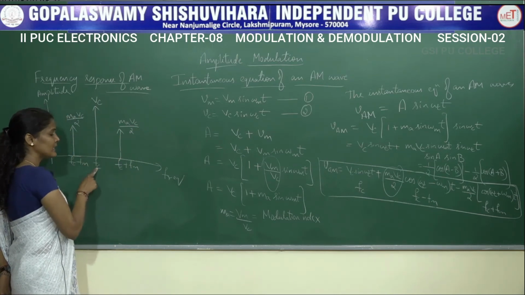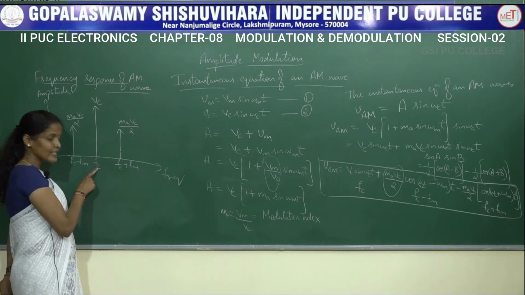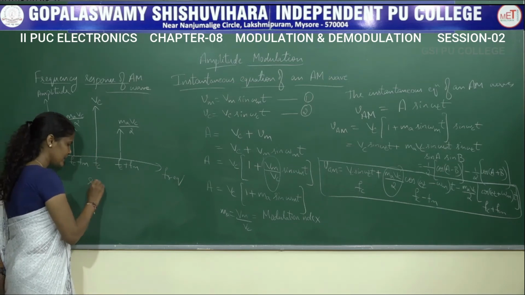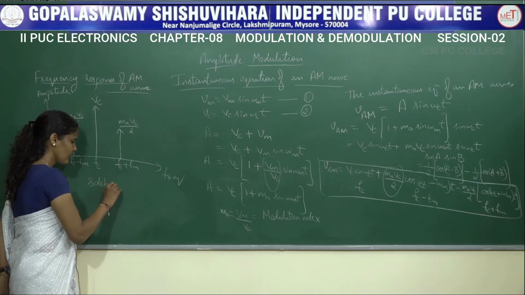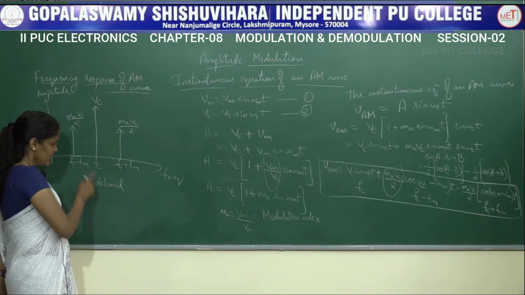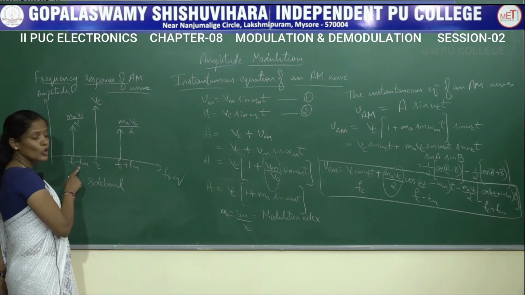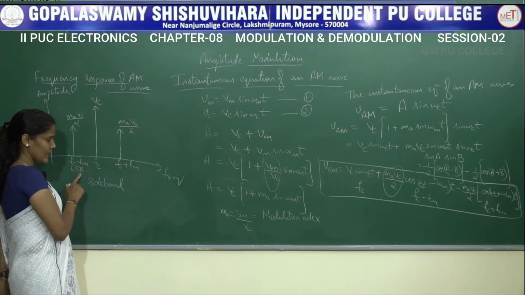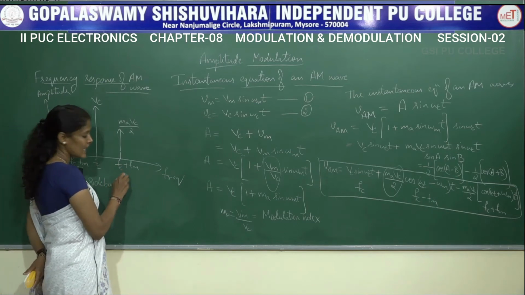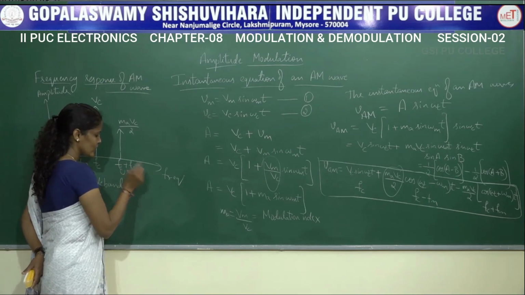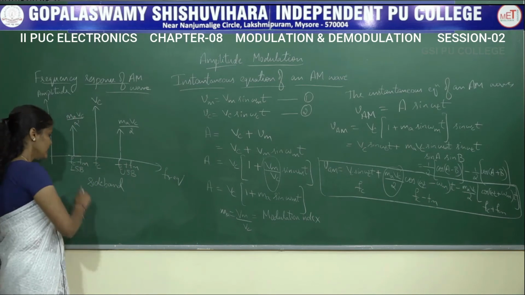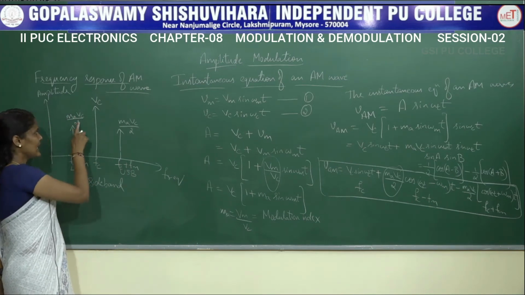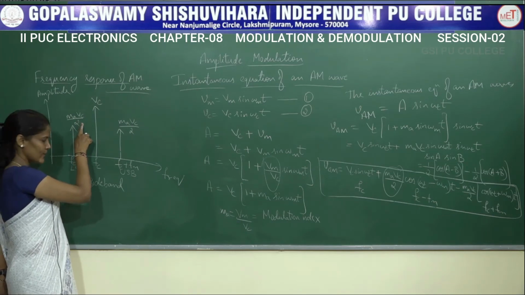The central component is the carrier signal component, and these two are called the sideband components. This is called the lower sideband, denoted by LSB, and this is called the upper sideband, denoted by USB. The lower sideband frequency is fc minus fm with an amplitude of ma into Vc by 2.